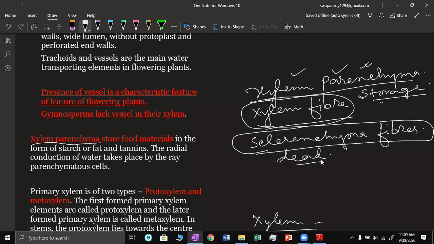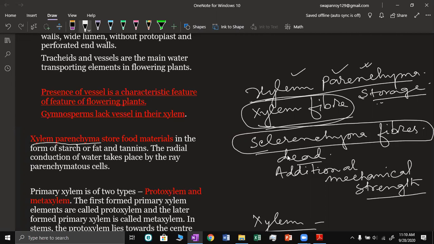So they provide additional mechanical strength. Otherwise, they don't have it. So this xylem tissue becomes very strong.